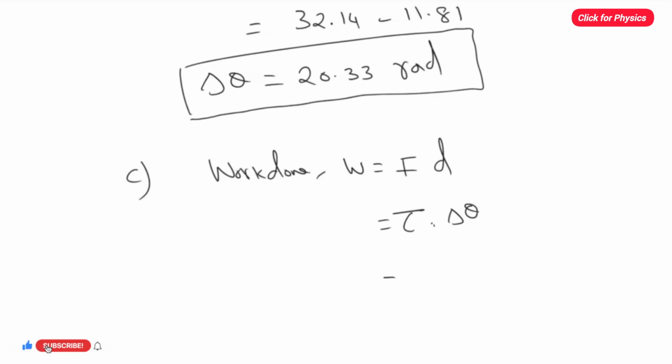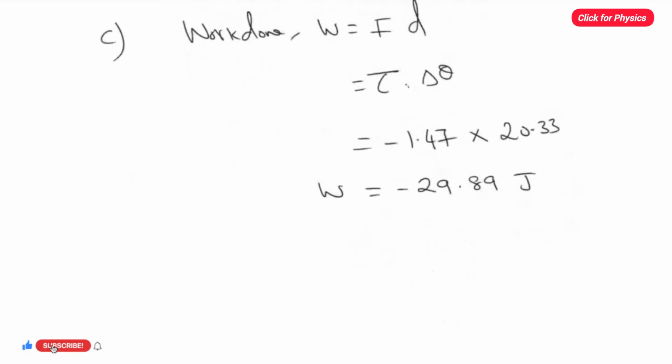I'm going to substitute the value: torque, minus 1.47, multiplied by 20.33. We got minus 29.89, and the unit for work done is joules. So this is the answer for part C.